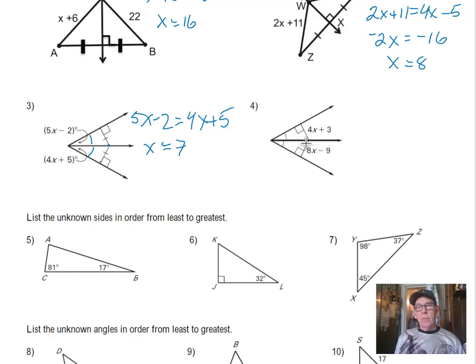Same thing here. Equidistant from, well, perpendicular to the sides. And on this ray must be an angle bisector. So 4x plus 3 is equal to 8x minus 9.